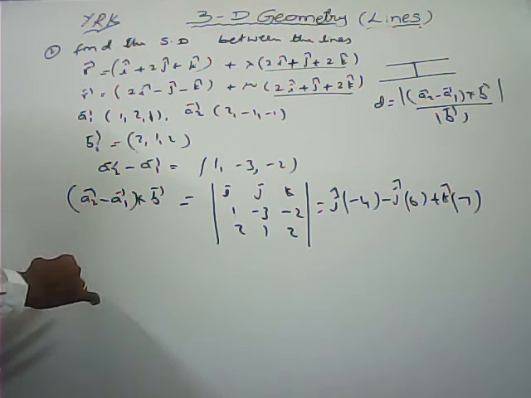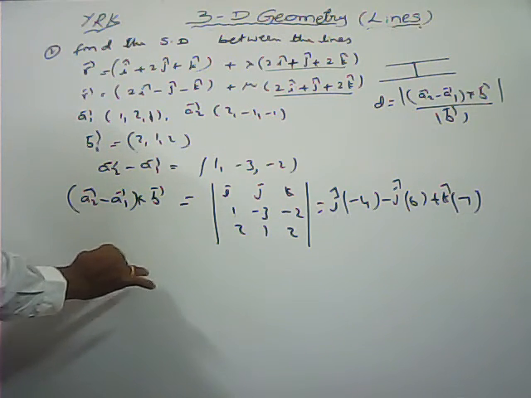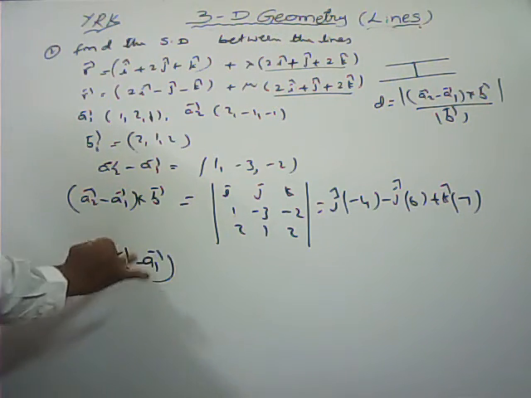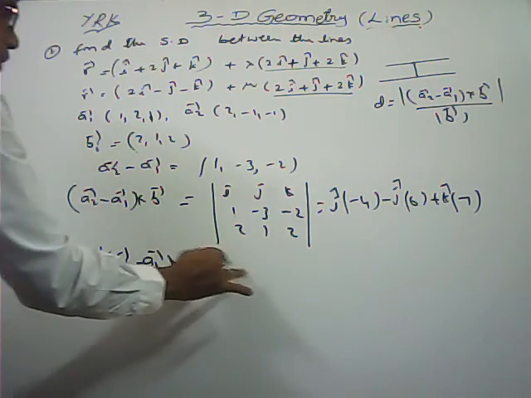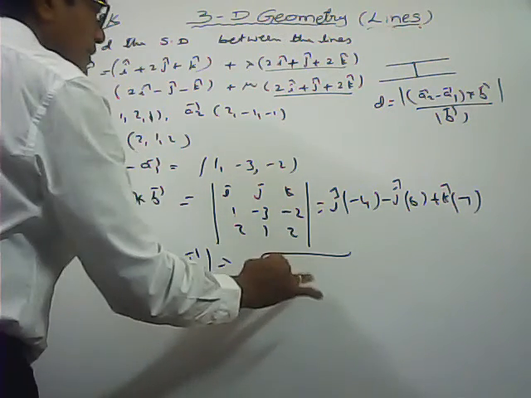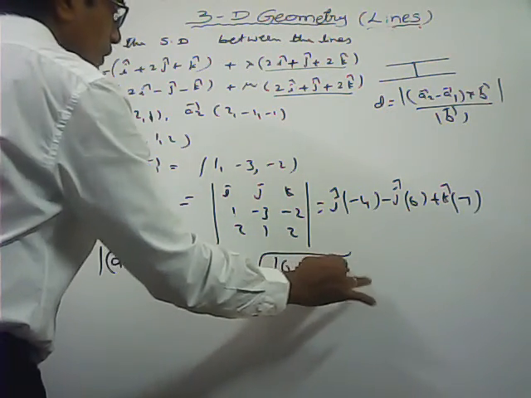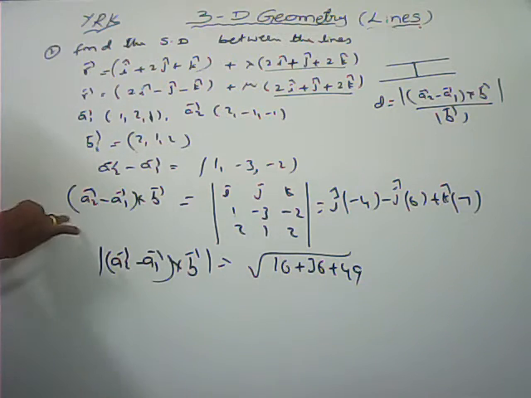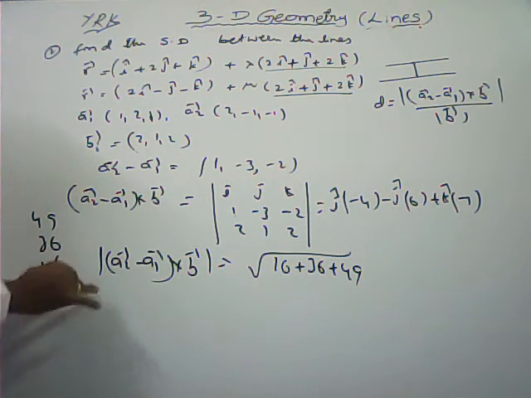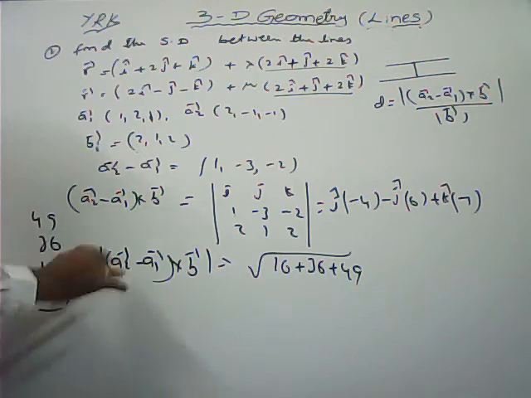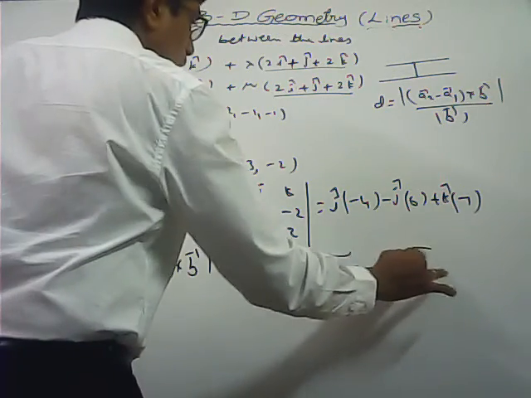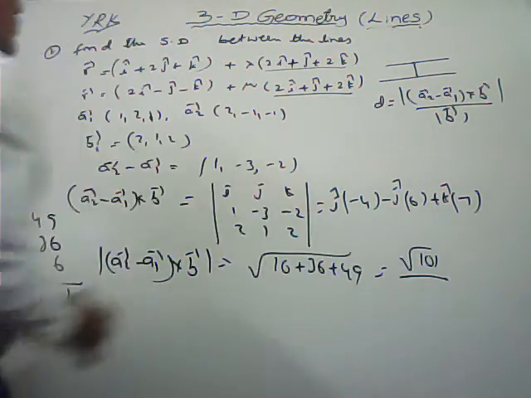Now you can find the modulus of A2 bar minus A1 bar cross B bar, that is equal to root of 16 plus 36 plus 49, that is root of 101, by modulus of B bar.